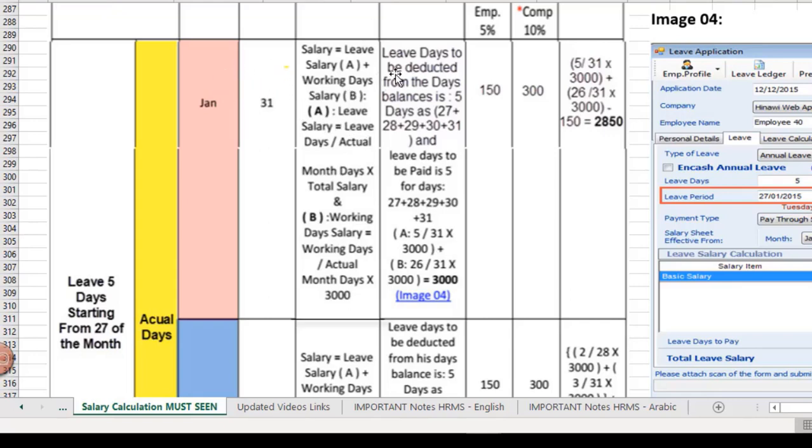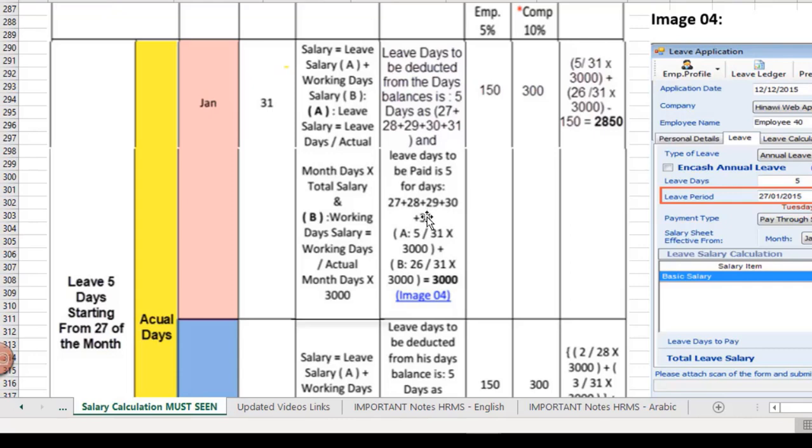So here for January, when there are 5 days of leave starting from 27, it says here that the leave days to be deducted from the days balance is 5, since they are 27, 28, 29, 30, and 31. And the leave days to be paid are 5, not 4 this time, because it's reading actually from the number of days, which is 27, 28, 29, 30, and also 31.